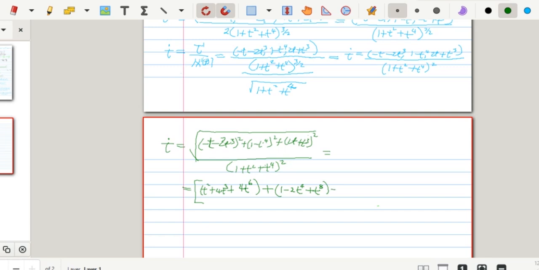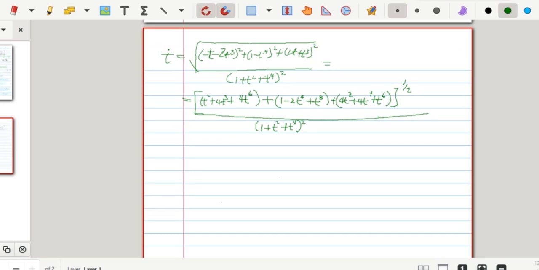Then this is plus the last one, we have 4t raised to the power of 2 plus 4t raised to the power of 4 plus t raised to the power of 6. So all of this is raised to the power of 1 over 2, and this is all dividing 1 plus t squared plus t raised to the power of 4 all squared.